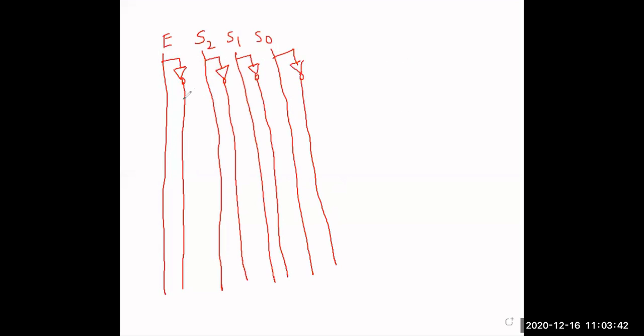Whenever this enable input is 0, then whatever the value is, it may be S2, S2 prime, S1, S1 prime, S0 or S0 prime, the output is 0.